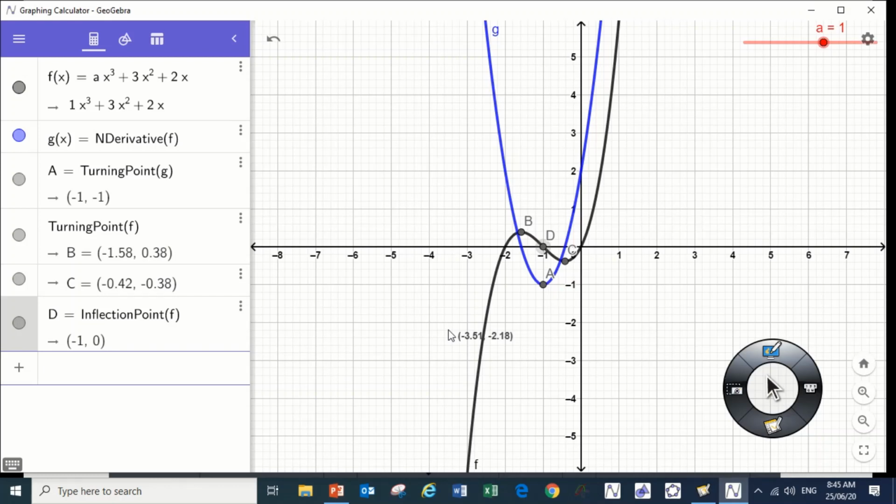So the first derivative, which is quadratic, is a decreasing function when the graph is concave down. Now on the other side of the turning point of the quadratic graph, the quadratic graph is an increasing function, and the cubic graph is concave up.